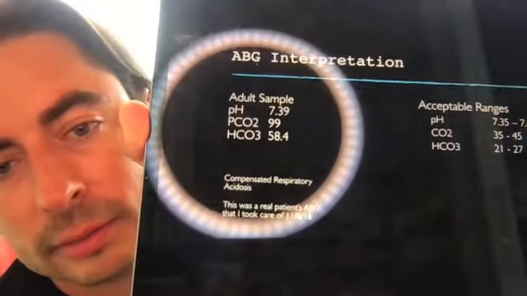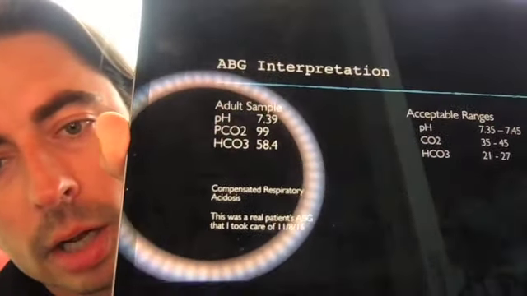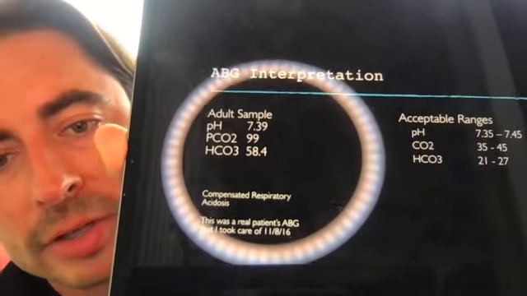And this was actually a patient that I took care of many, many moons ago. They were on a Venturi mask talking to me. They were fairly obese, so they weren't walking, but they were talking and they were able to answer questions for me. Other than needing some oxygen, they were doing just fine.